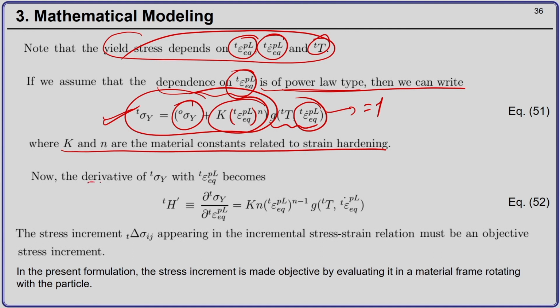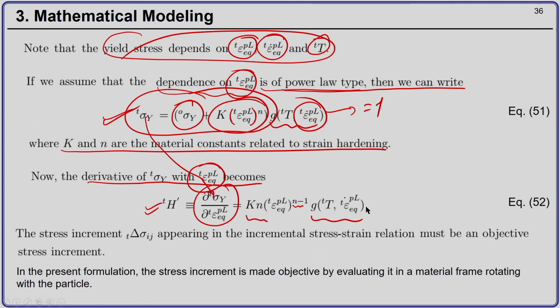Now, the derivative of sigma y with equivalent plastic strain becomes H dash equal to del sigma y by del epsilon equivalent plastic. You just substitute this here, you get k n into epsilon equivalent plastic raised to power n minus 1 into function g.